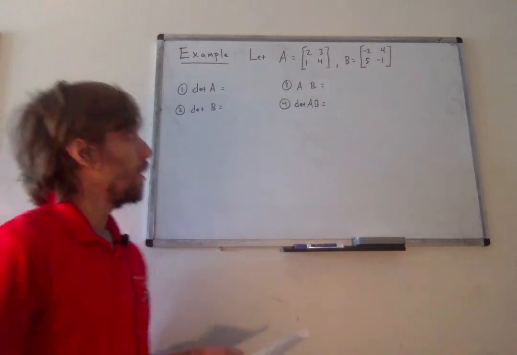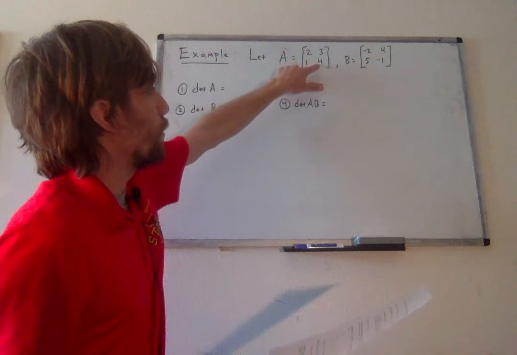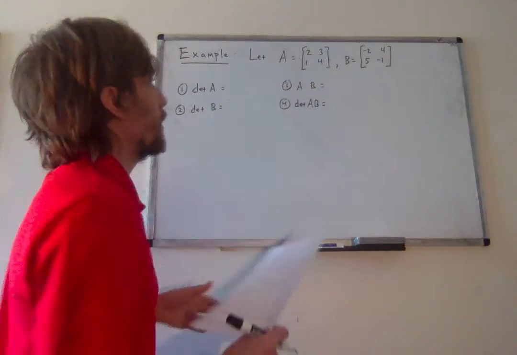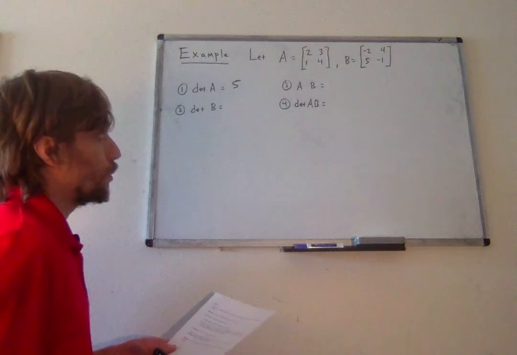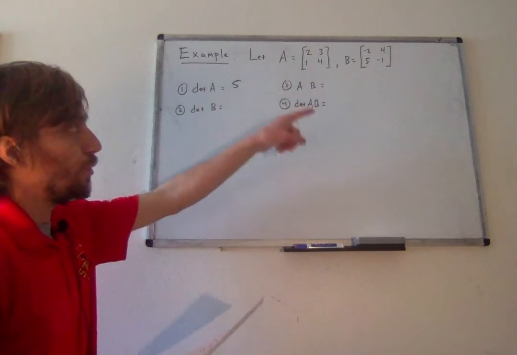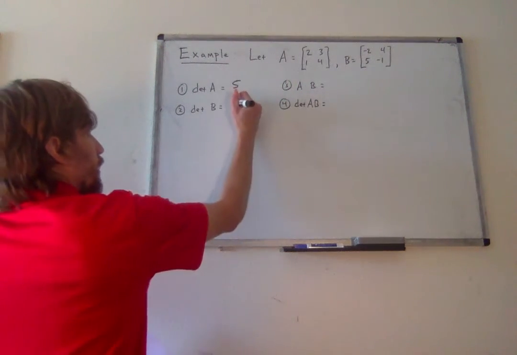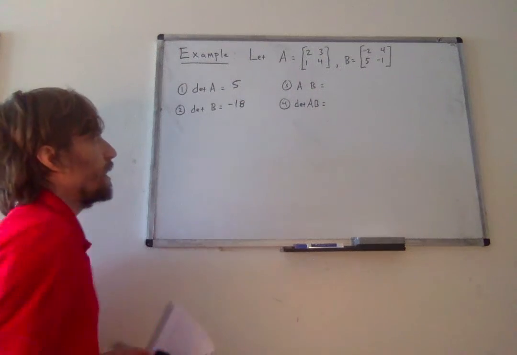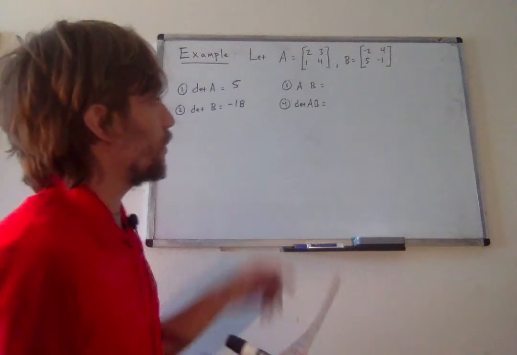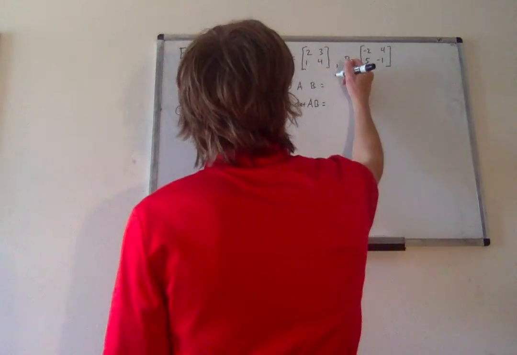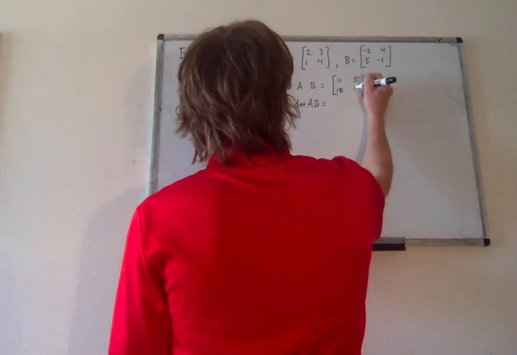All right, so doing this, I got the determinant of A was equal to 2 times 4, which is 8, minus 1 times 3. So 8 minus 3 is 5. The determinant of B is equal to -2 times -1, which is 2, minus 5 times 4. So I got -18 for the determinant of B. Doing the matrix multiplication dance to calculate the product of these 2 matrices, I got 11, 5, 18, 0.